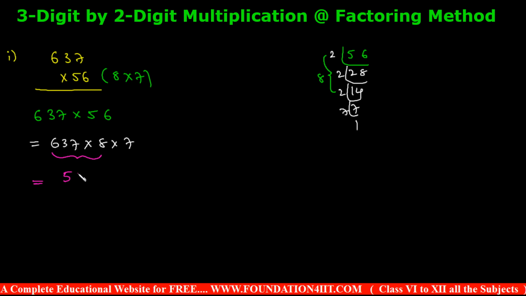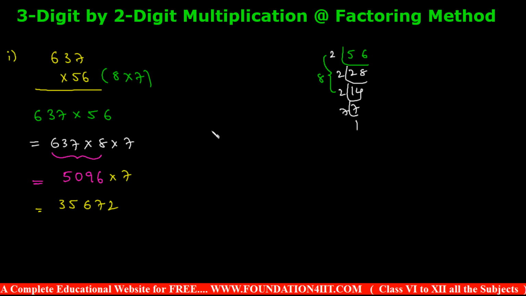So you will get 5096. Then that answer you can multiply with 7. 5096 into 7. With a single digit, any huge number, you already practiced from the previous chapter how to do mentally. So this is 35,672. So this is the technique you can follow directly.